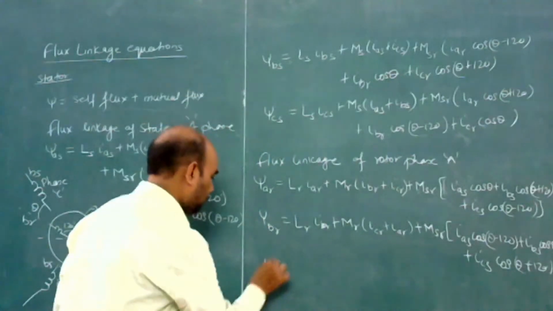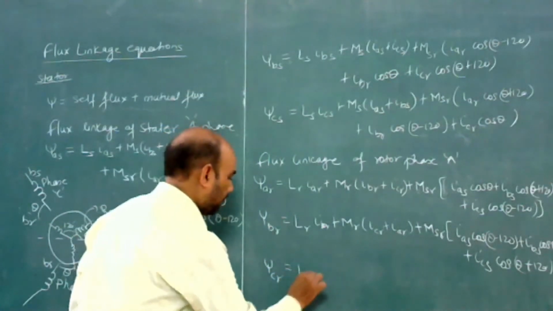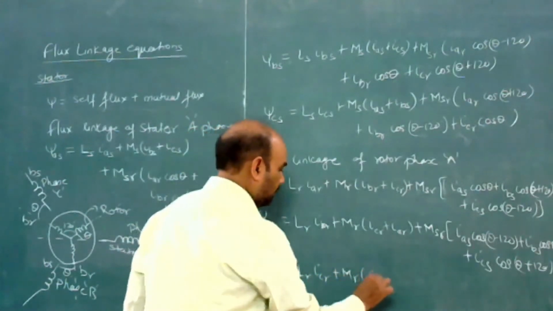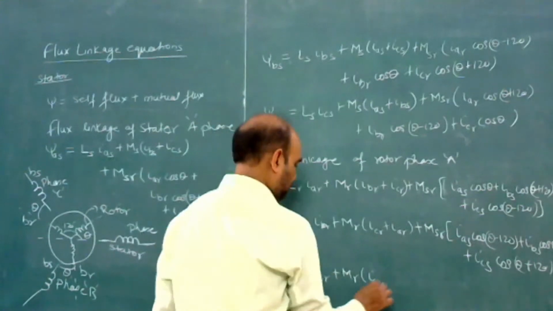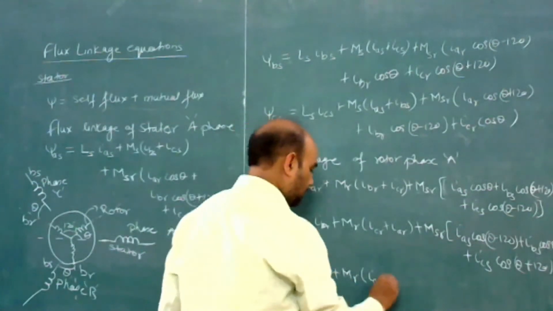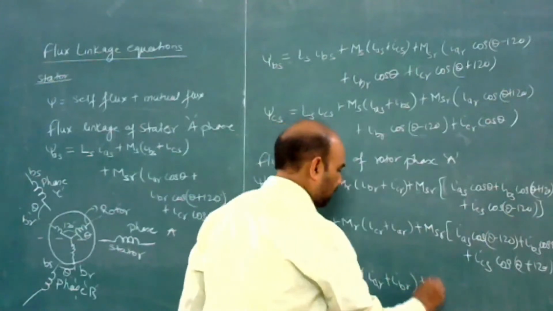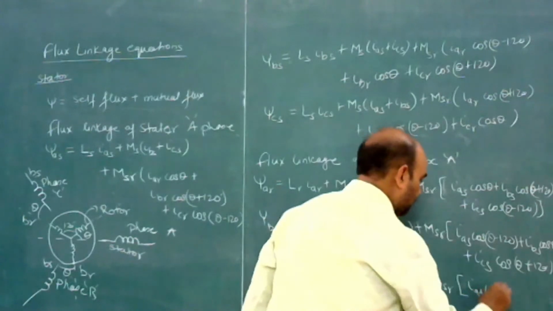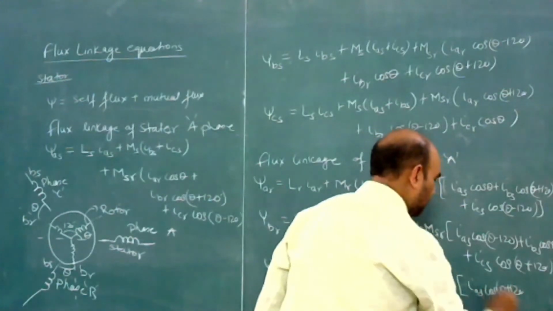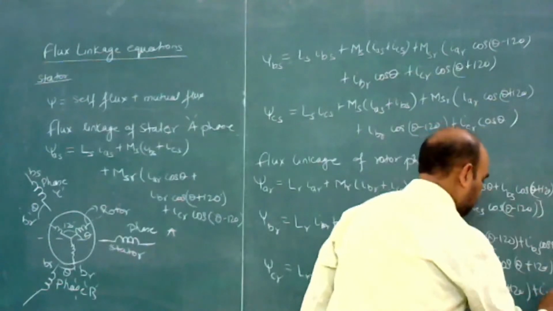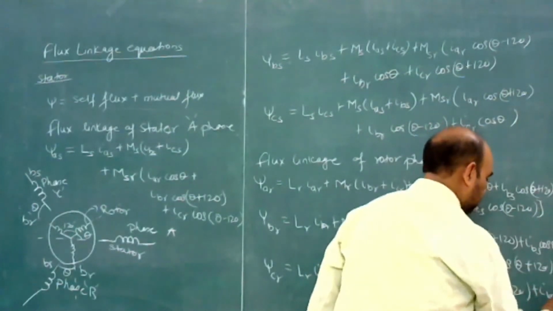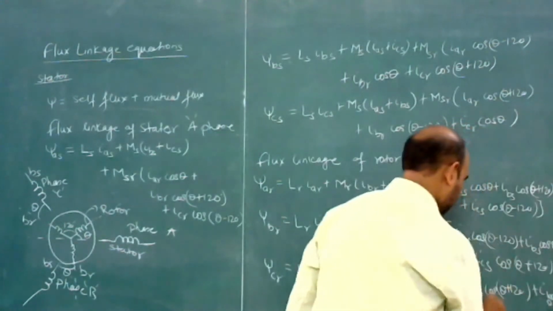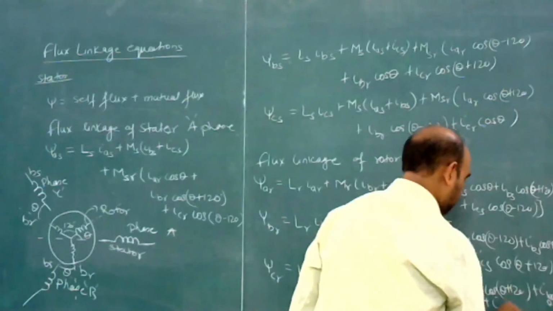Similarly for phase C, this will be LR ICR plus MR times IAR plus IBR, plus MSR times IAS cos theta plus 120 degrees, plus IBS cos theta minus 120 degrees, plus ICS cos theta.